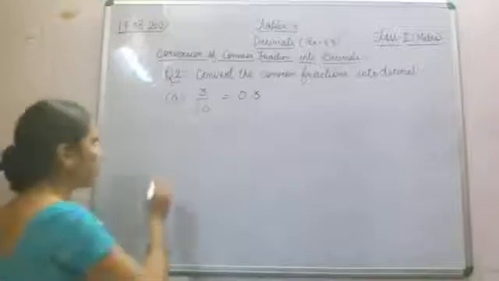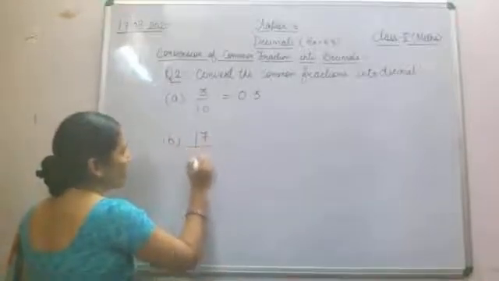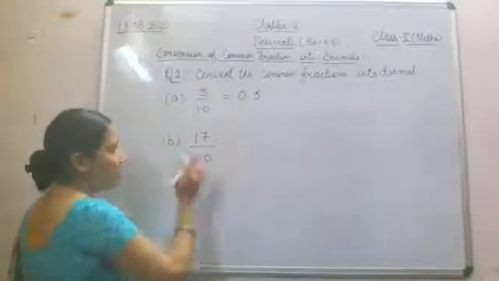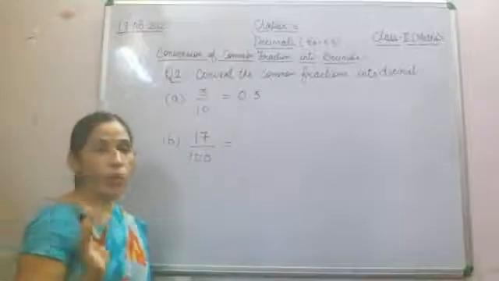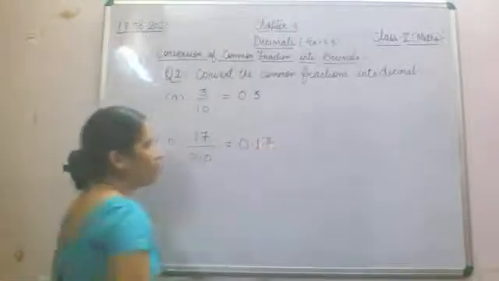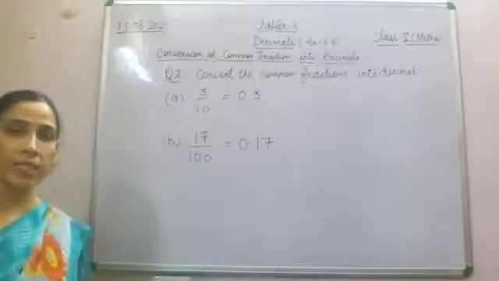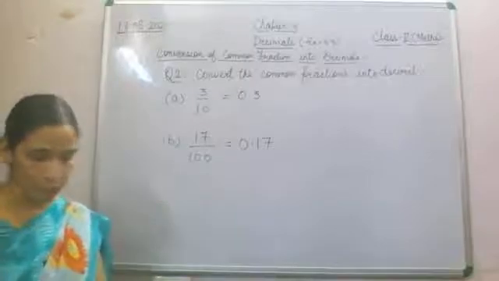Let's do B part. Again in B part you have 17 divided by 100. Now again we have 10, 100 or 1000 in the denominator. So we don't require to do anything else. Just write it in the decimal form 0.17. Now 100 means 2 decimal places after the point.